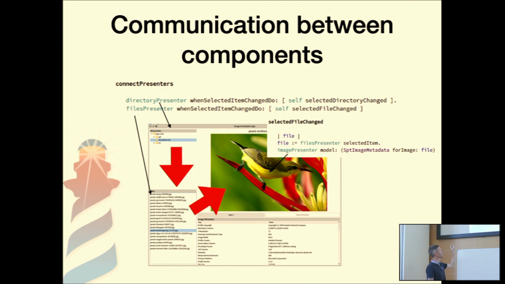When you select an item, it will set on the image presenter the selected file. And if you want to check what does selected file change, we just fetch the selected item in the list there, and we set the model of the image presenter by building it with the selected file. So it's quite easy.